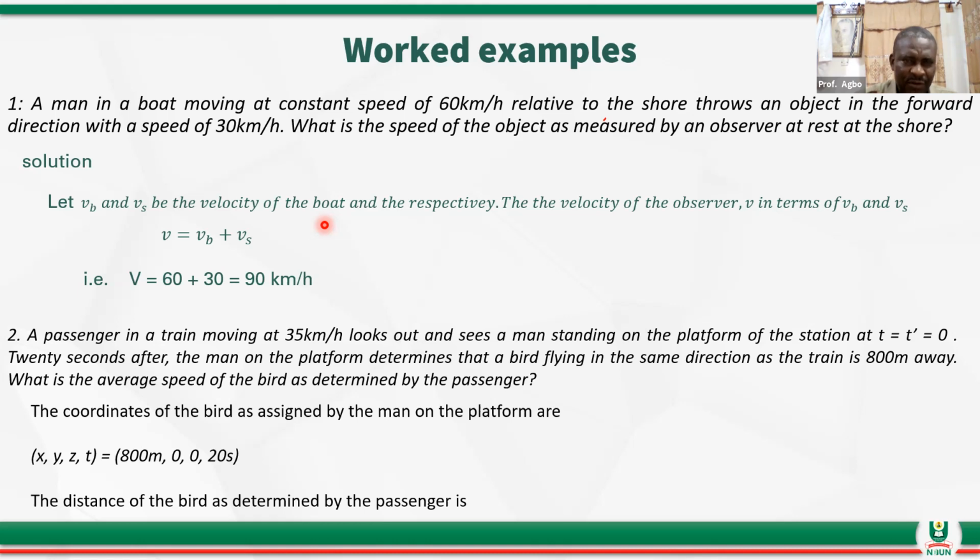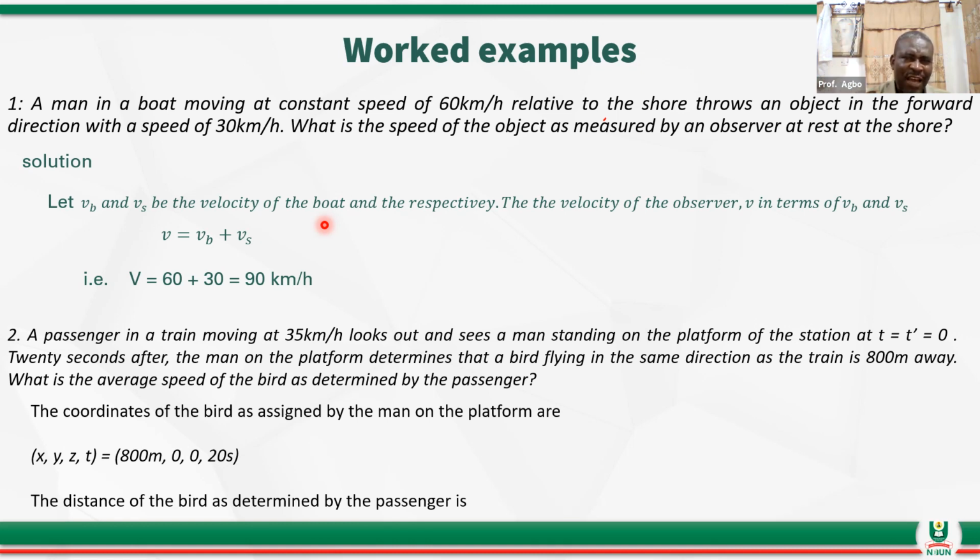But 20 seconds after, the man on the moving train determines that a bird flying in the same direction as the train is 800 meters away. He has made his own measurements, 800 meters away.